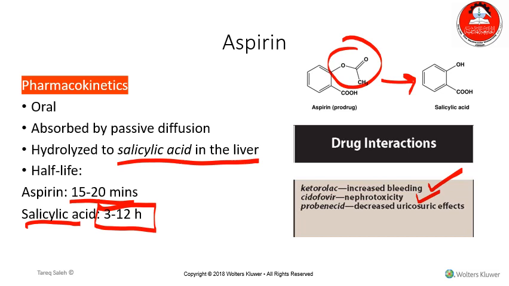And lastly, if aspirin was combined with probenecid, they can both interfere with uric acid elimination or secretion in the kidney, resulting in increased uric acid levels in the blood. This can be a problem, especially in patients who have gout and are taking therapy to reduce uric acid levels in the blood.